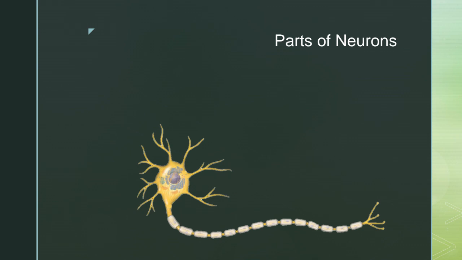So neurons are tiny, discrete information processing units. They're processing units because they receive input from other cells, they integrate these inputs, and they distribute this processed information onto their neighbors, so onto other neurons.